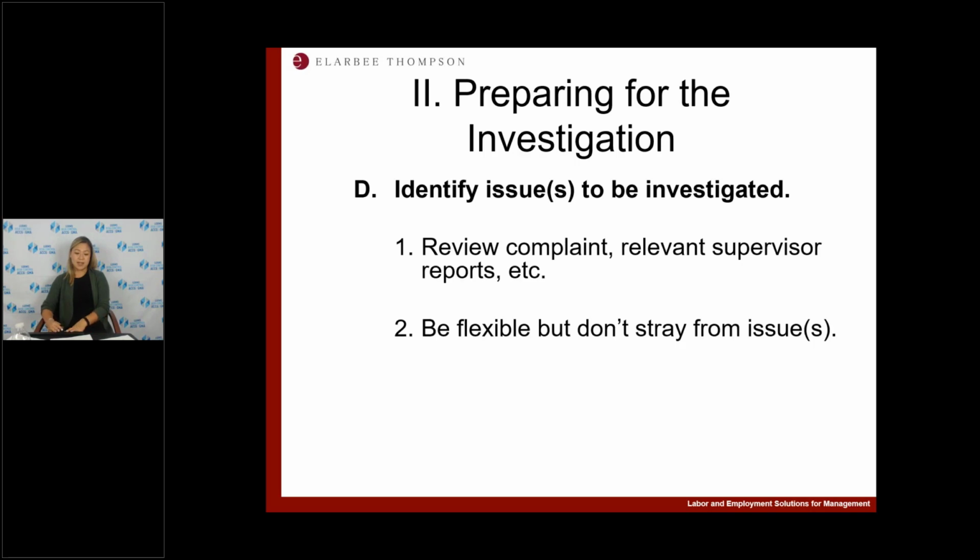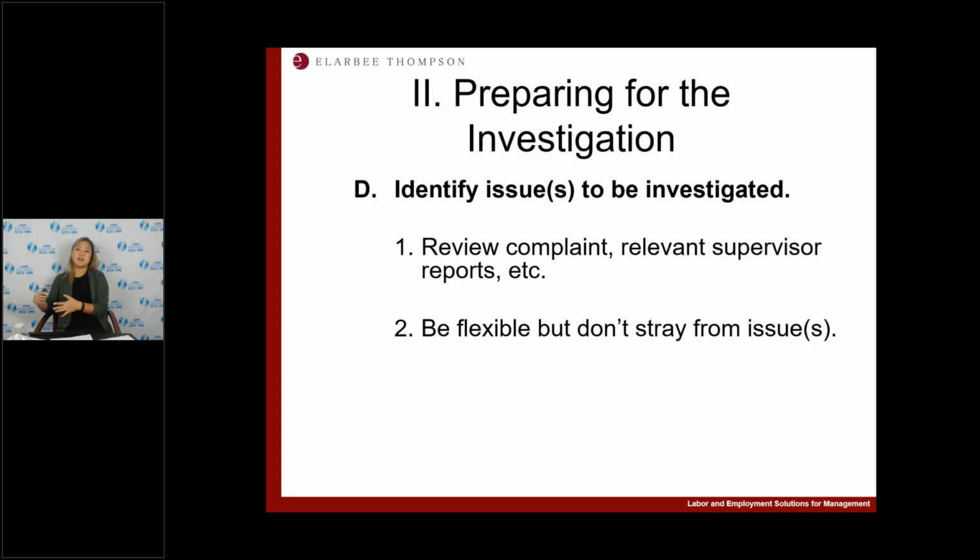If you are investigating an allegation of sexual harassment, and it comes out that the respondent not only says things that are inappropriate of a sexual manner, but also makes inappropriate racial comments, that doesn't mean you can't investigate that. Certainly you should. It's a natural offshoot of that investigation.